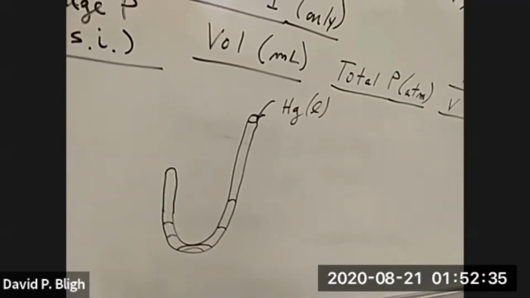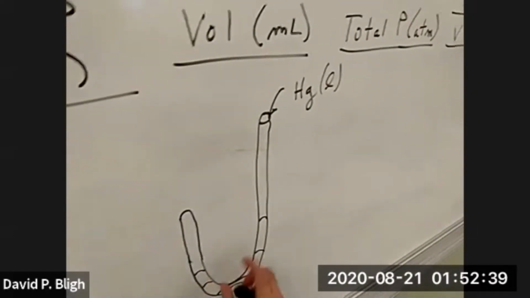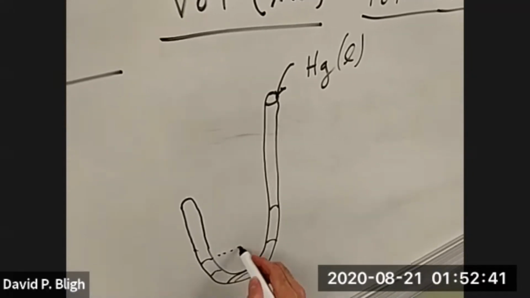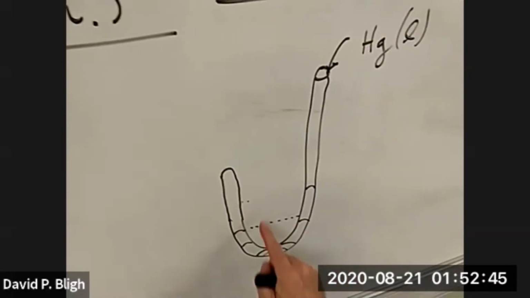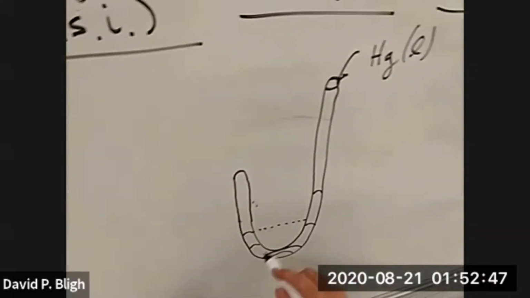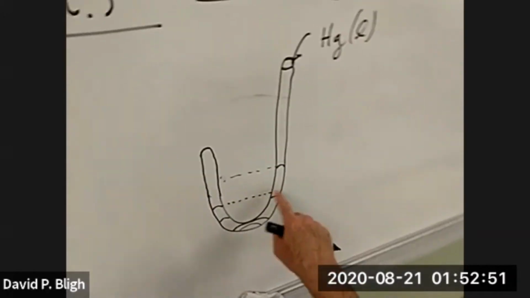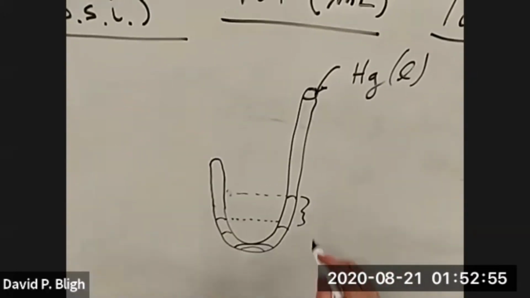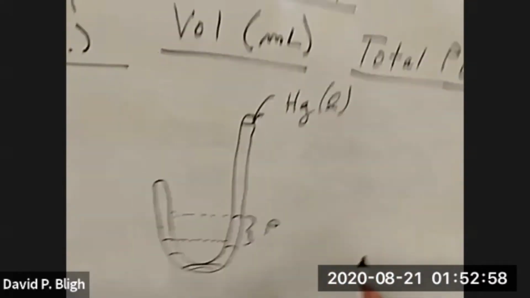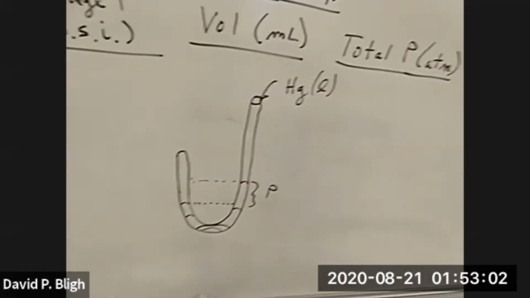So what he concluded was that the gas inside was pushing back with a force that was equal to this amount here. So this represented an expression of pressure in terms of the height of the column of mercury.